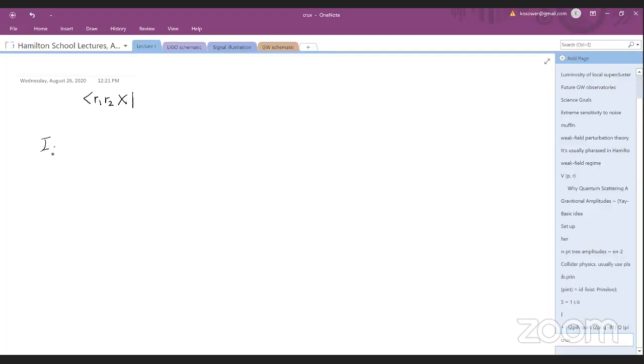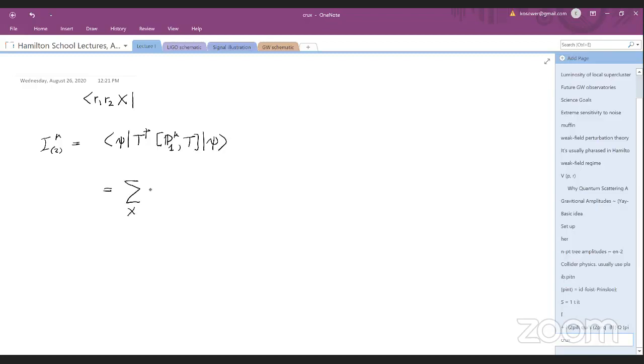So I2 here, we can just write it out. Here we need to introduce these intermediate states just to write it in terms of amplitudes, not merely for conceptual clarity.